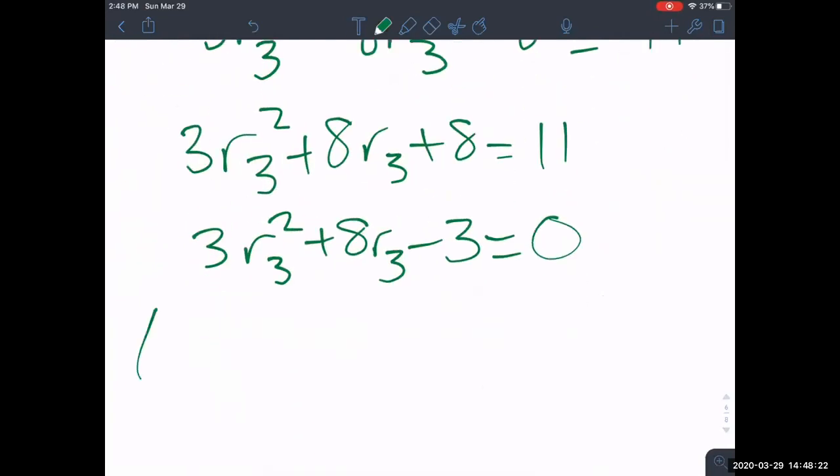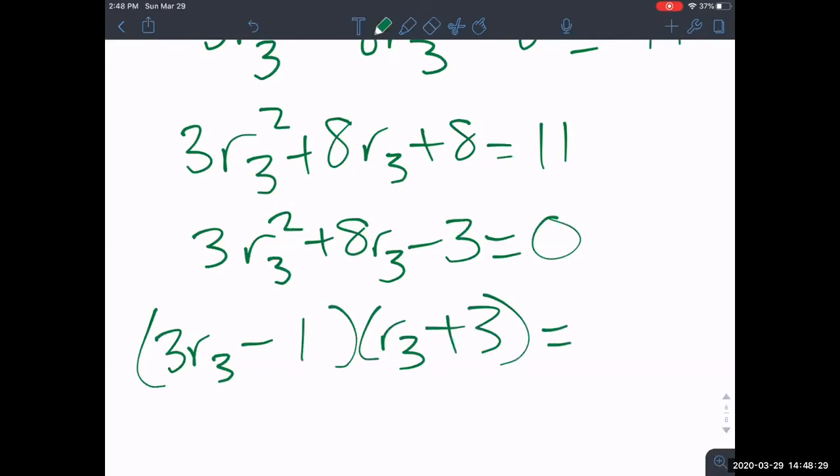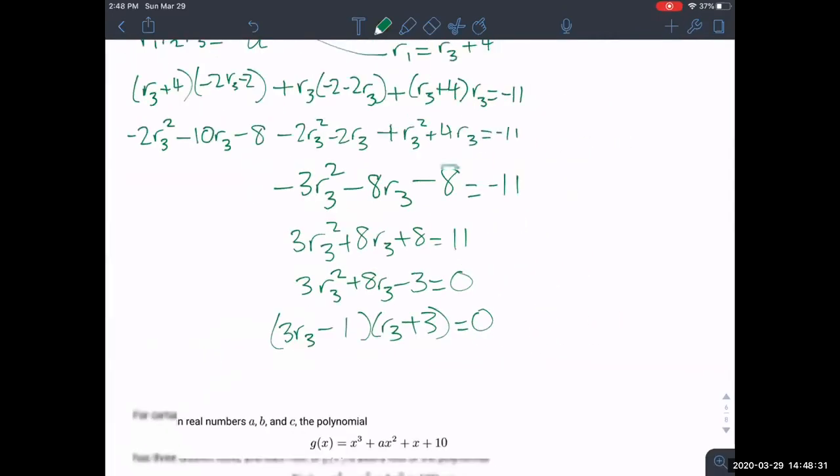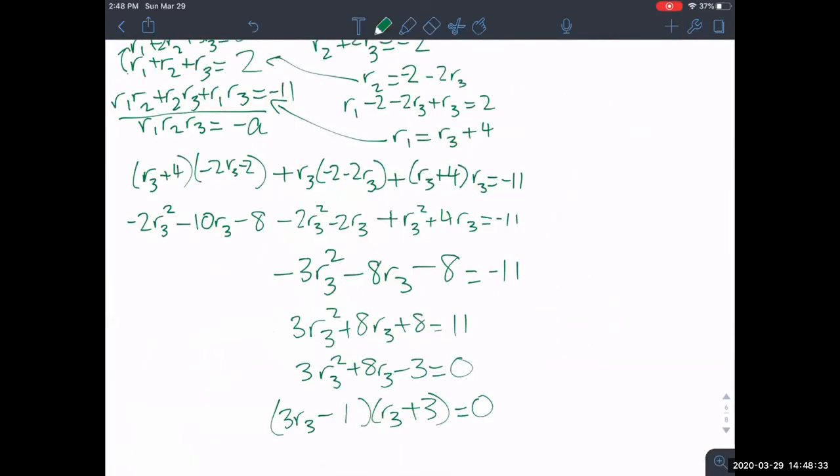So this one can be factored. And I'll pause for a moment. I think I'm going a bit quickly, so I'll just show my work and leave it there for like a minute or so.